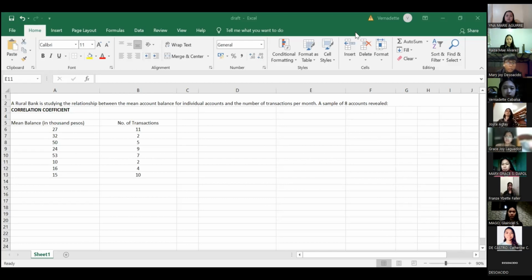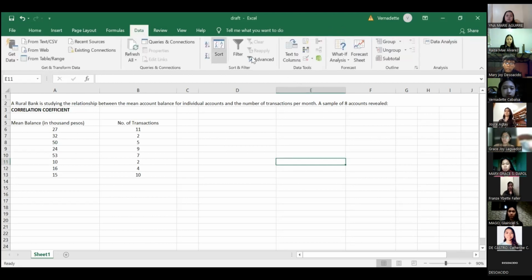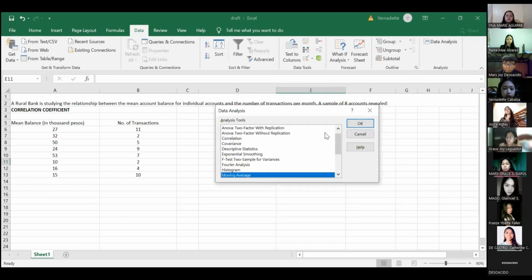So, in order to do that, follow these steps. Number 1 is select data. Okay, then click the data analysis button on the right side. Then find the correlation. Then click OK.